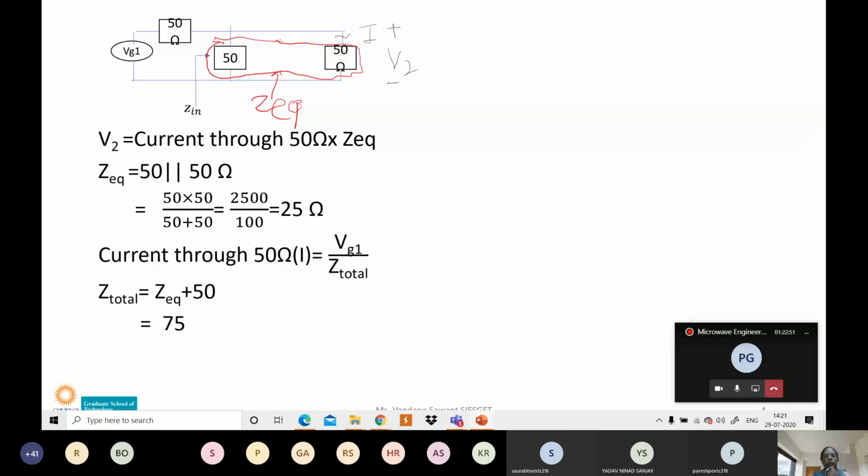See, there are five specific networks which are specified in your syllabus, and every network will have a different method to solve the sums. Like what we did for a transmission line, whatever method we followed for a transmission line, that method we are not following over here for a shunt network. Similarly, when we go for a series network, we follow a different method.